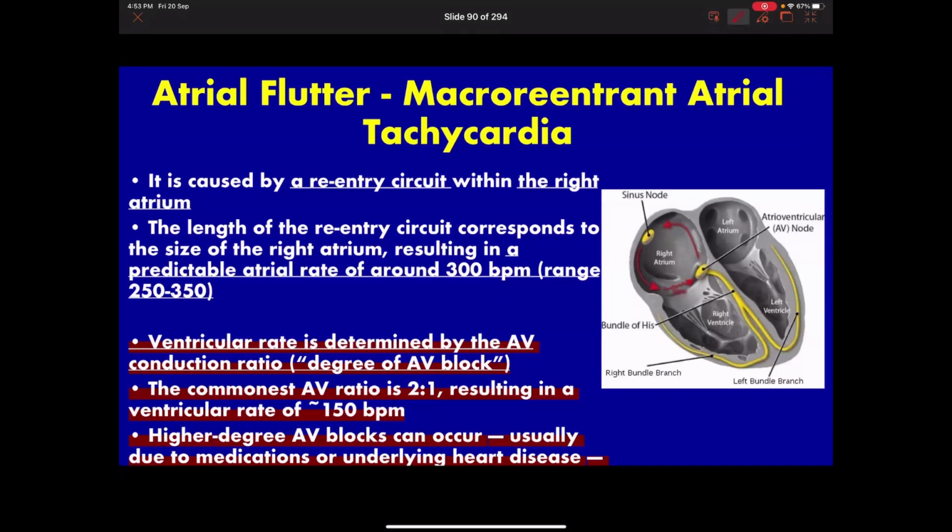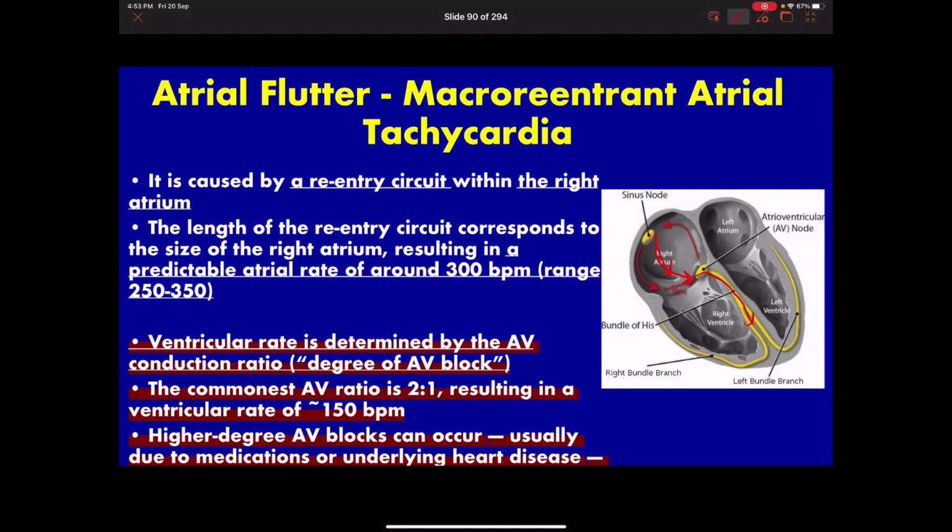So what you need to know from all of this talking is atrial flutter is caused by a macro reentry circuit. What that means is normally in the atrium over here, you have the current going from the sinus node and then it gets conducted and it goes to the AV node and so on.